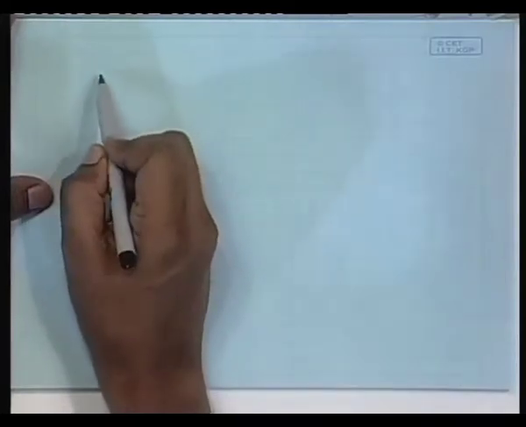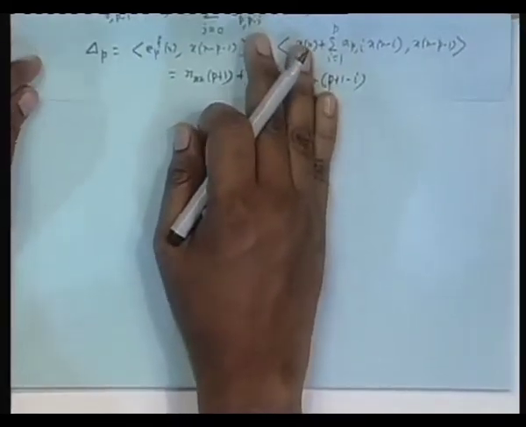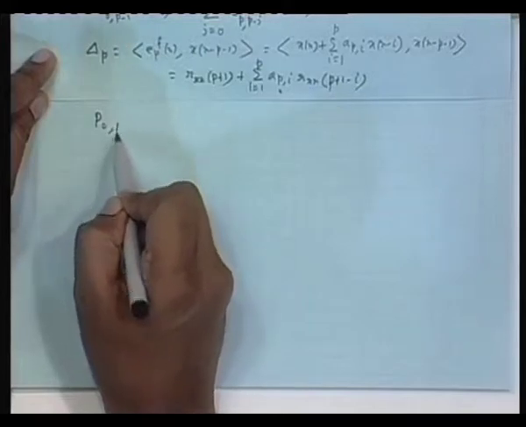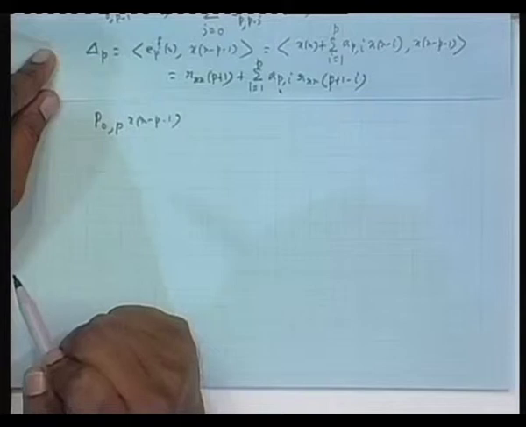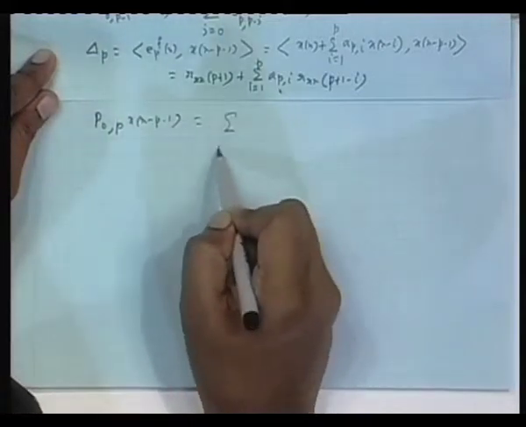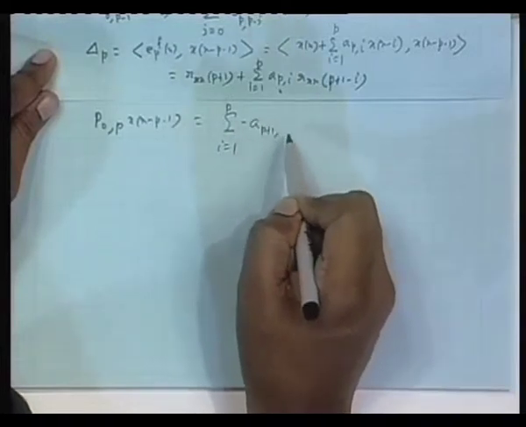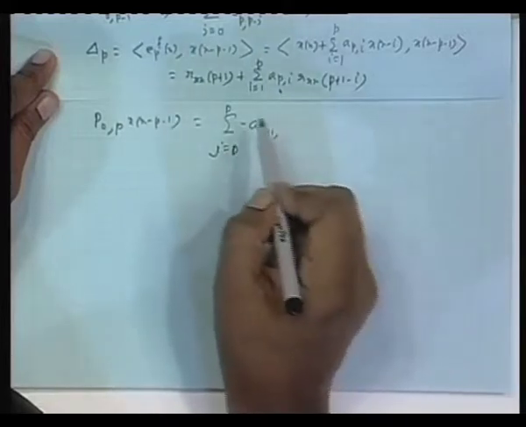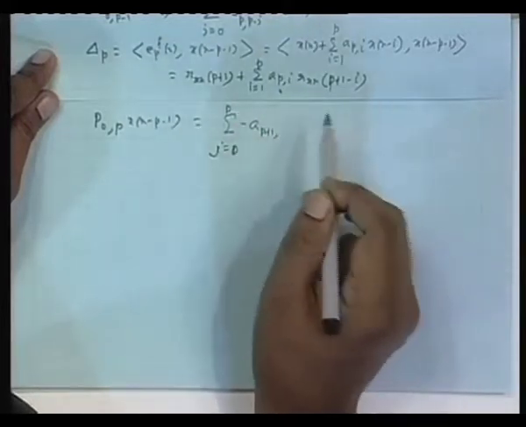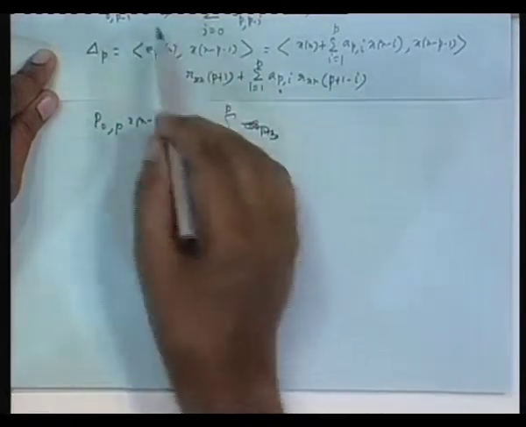This is given to you. You have to find out P 0 P x n, as this one, P 0 P x n minus p minus 1.